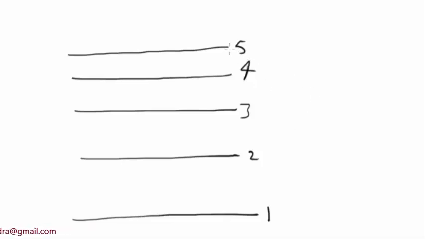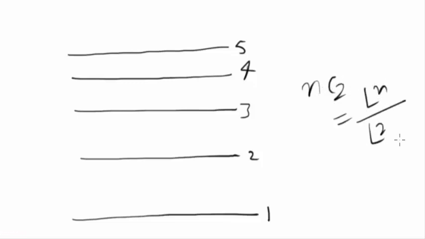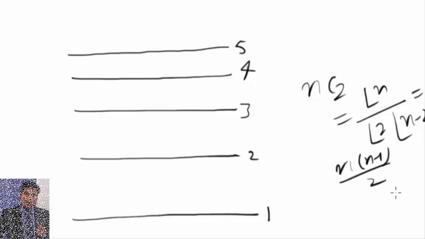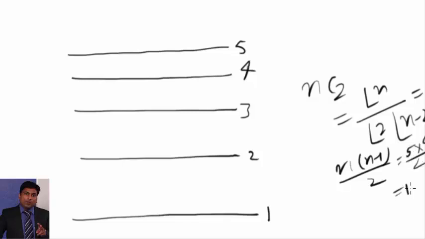If electrons jump from the nth orbit to the first, you can simply say nC2, that is n factorial upon 2 factorial (n minus 2) factorial, so that is n(n minus 1) by 2. Here in this case we get 5 into 4 by 2, which is 10. Total spectral lines will be 10.